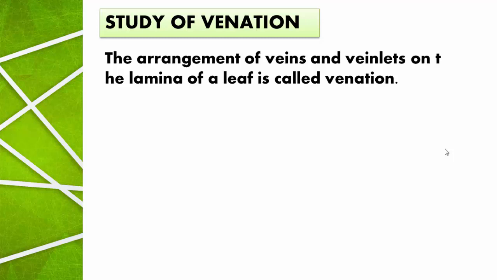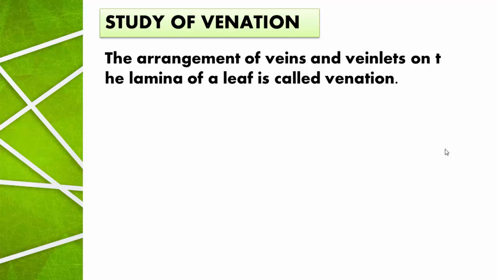It is the expanded green part of the leaf, and leaves are attached to the nodal region of the stem. The arrangement of leaves on the stem is called phyllotaxy, and the expanded green portion of the leaf is called leaf lamina. How exactly the veins and veinlets are arranged on the leaf lamina is called venation.